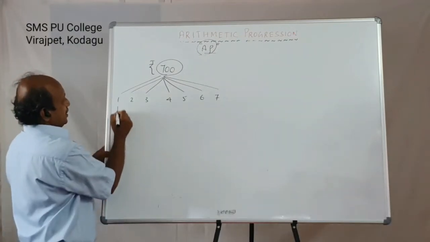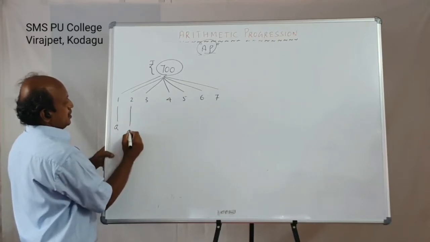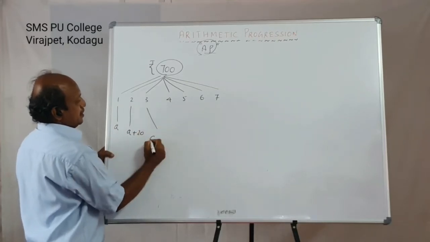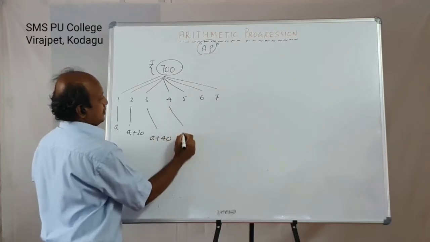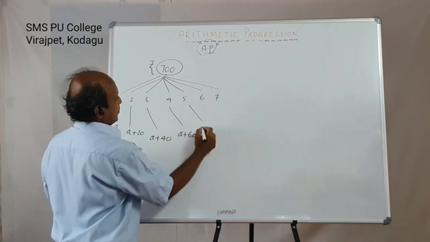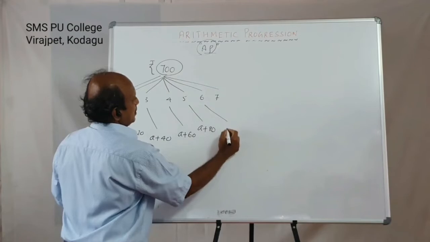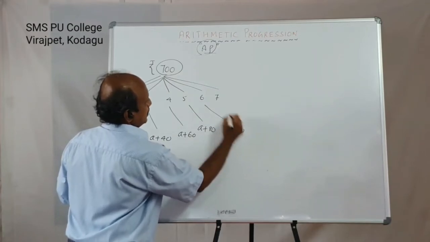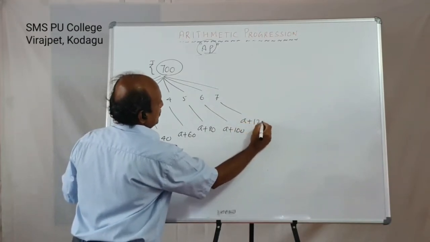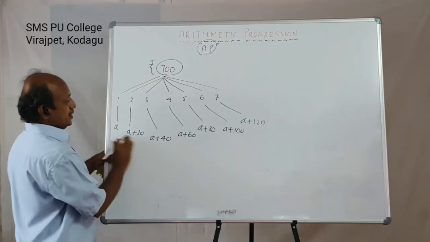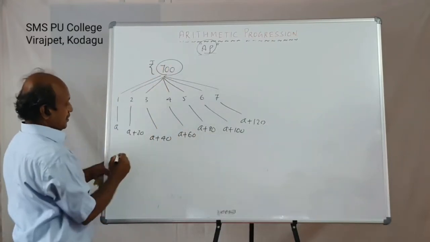For example, if I take this as a, this will be a plus 20, this will be a plus 40, this will be a plus 60, a plus 80, a plus 100, and this will be a plus 120. Now what is the condition given? Sum of all these prizes is 700.